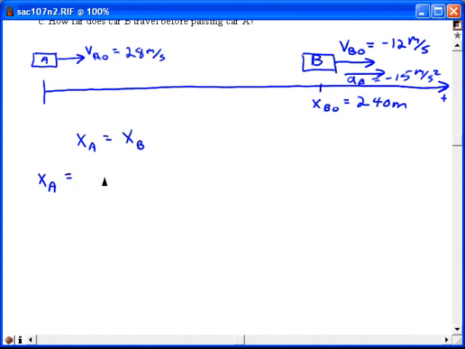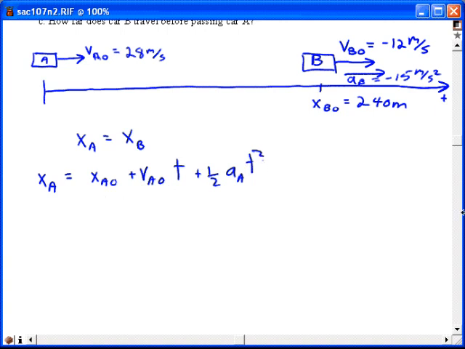So XA is just, well, let's write down the whole position equation for the case where there is some acceleration. We'll scratch out the terms that don't apply. VA0 t plus 1/2 A sub A t squared.